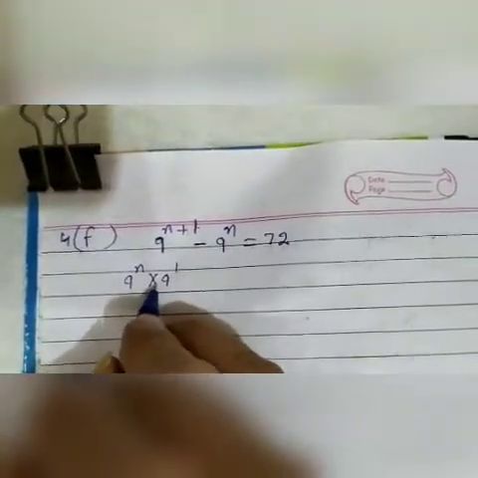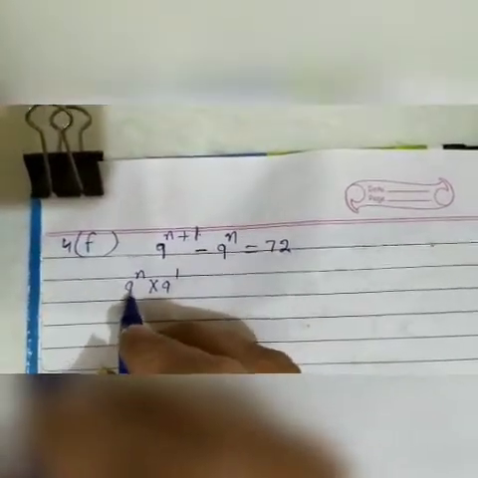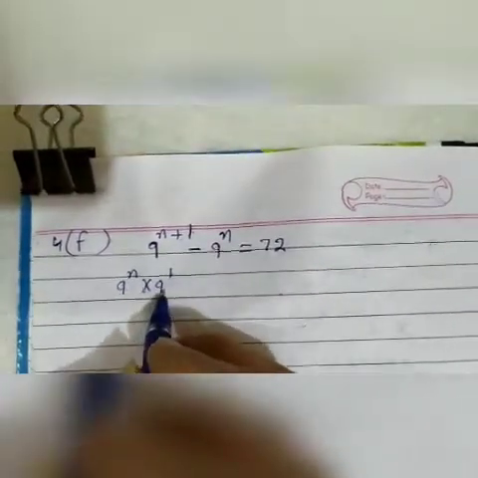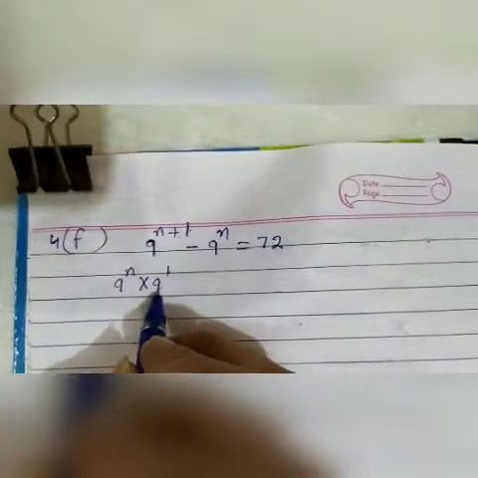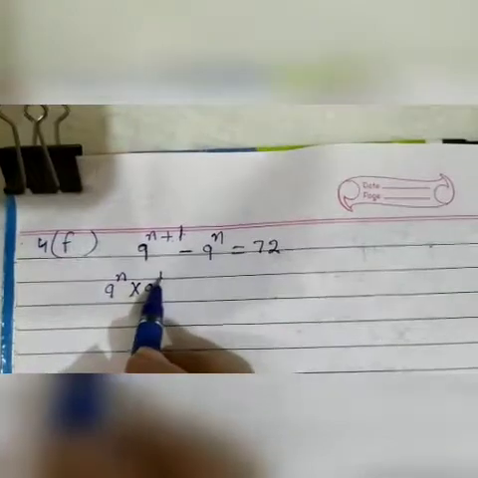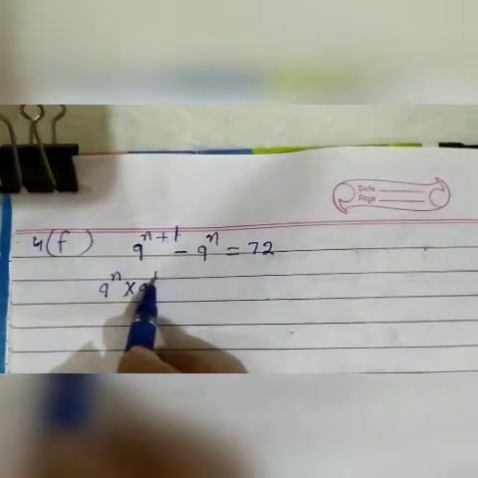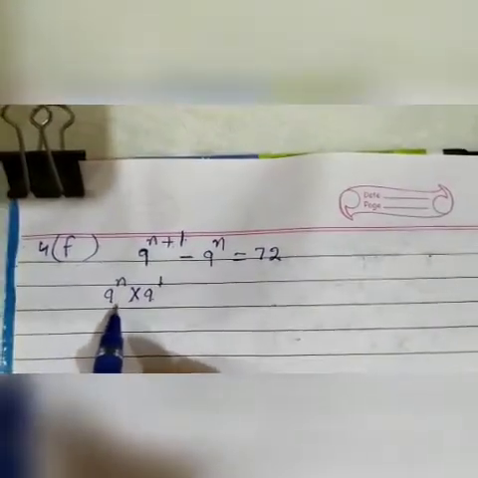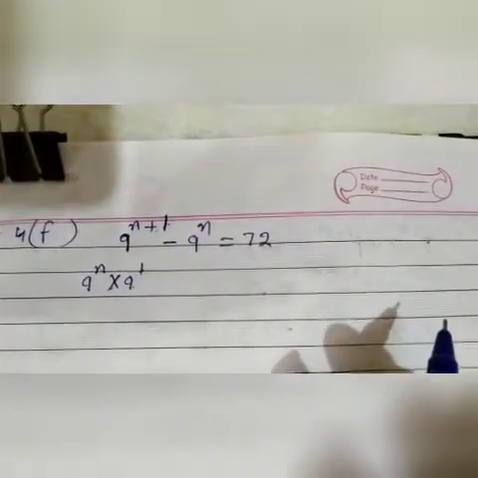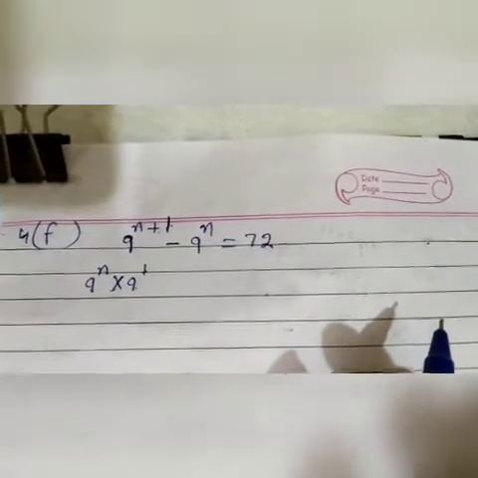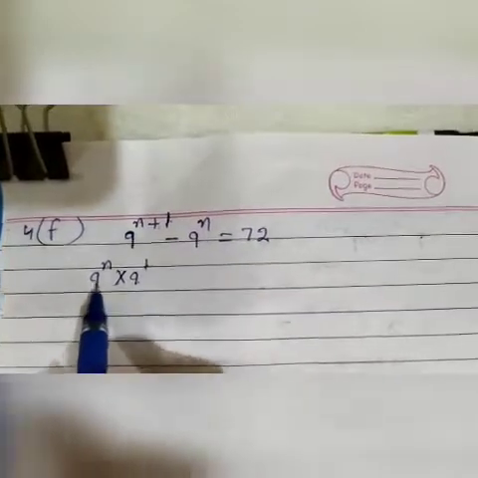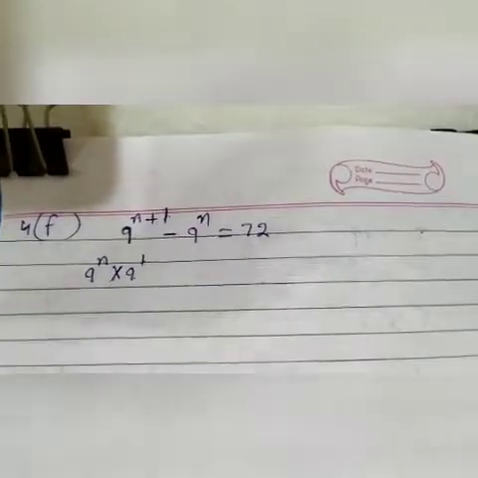We can write it because, as you know, if both the bases are the same and there is a multiply sign between them, then their powers will be added. First law, product law: if both the bases are the same and there is a multiplication sign between them, then powers are added. So we can write it as 9 power n plus 1.